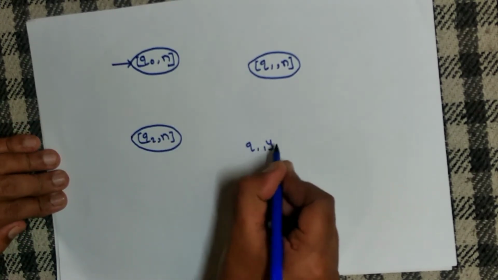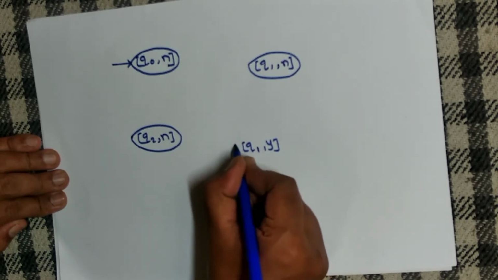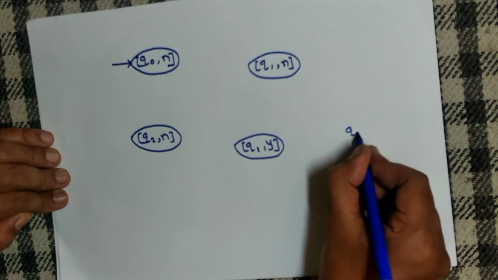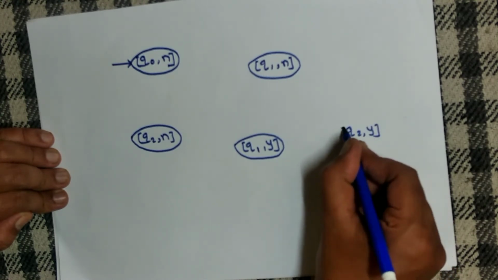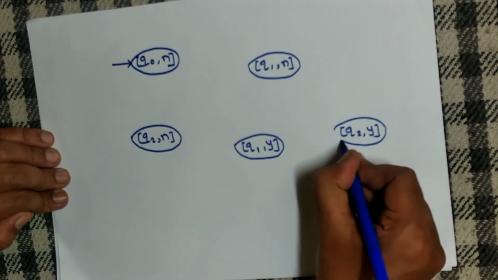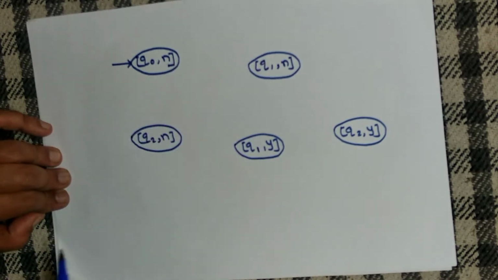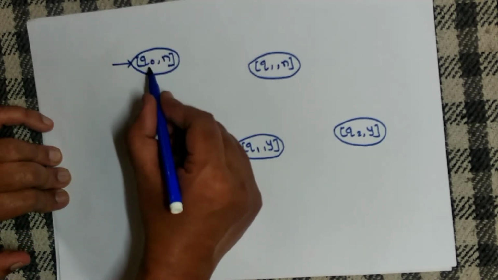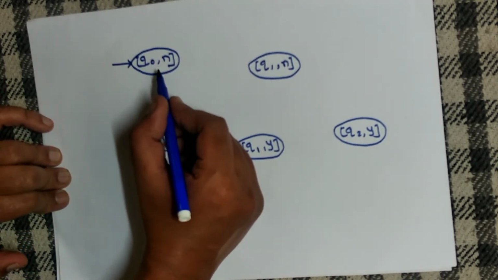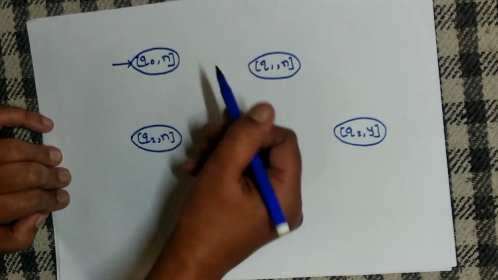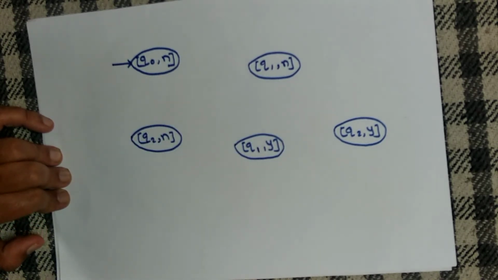Q1y is also there. Q2y is also there. Okay. Now make the transitions: Q0 by taking 0 goes where? You can refer to the previous diagram of the given Mealy machine.